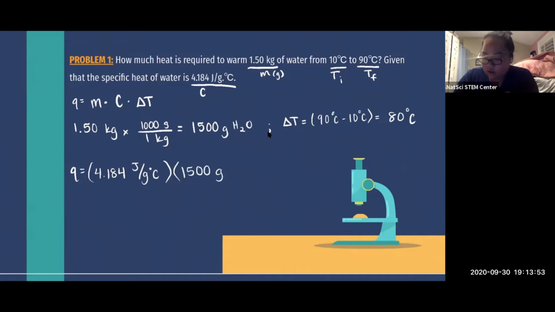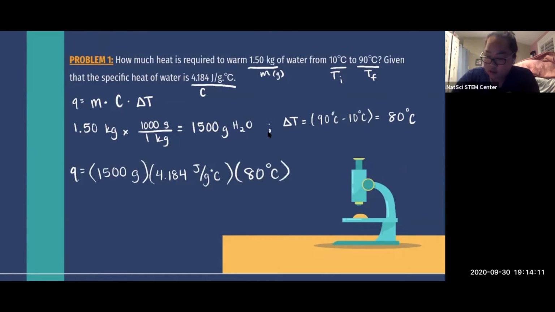I always remind students to make sure that your units are being canceled. You want to make sure that you're only left with the unit that is desired for your answer. Here I'll just cross out the units that are canceled out. Your grams and degrees Celsius are canceled out, and you're left with only joules.